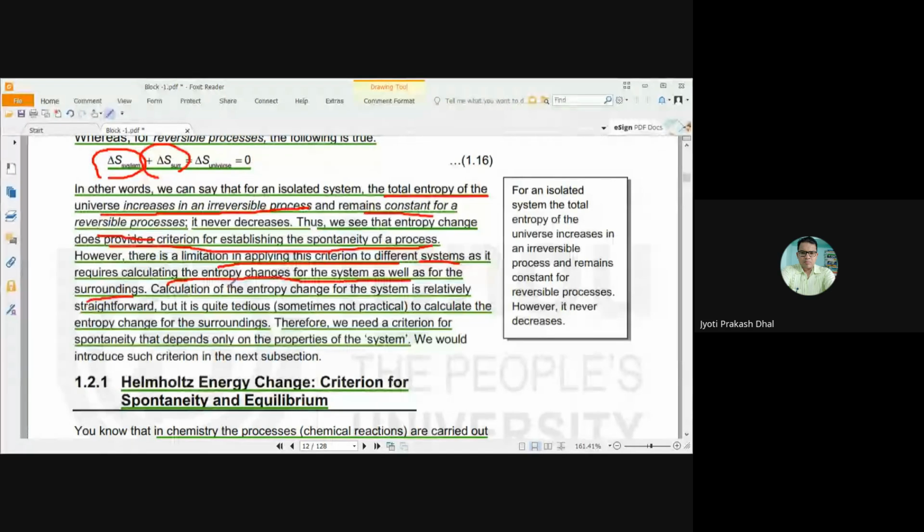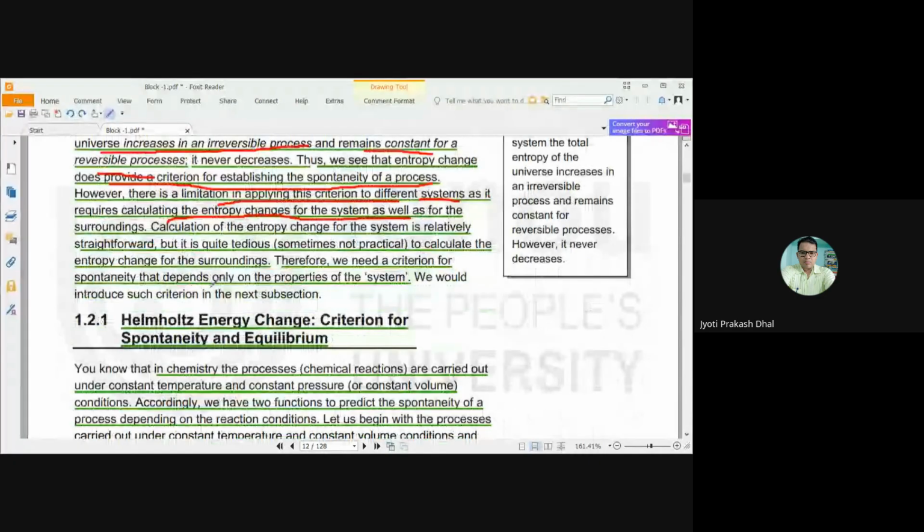If we take entropy as the criterion for spontaneity of a process, it is required to calculate the total entropy change of the system as well as of the surrounding, which is very difficult. Hence, we have to find a new function which will define the criterion of spontaneity of the system.